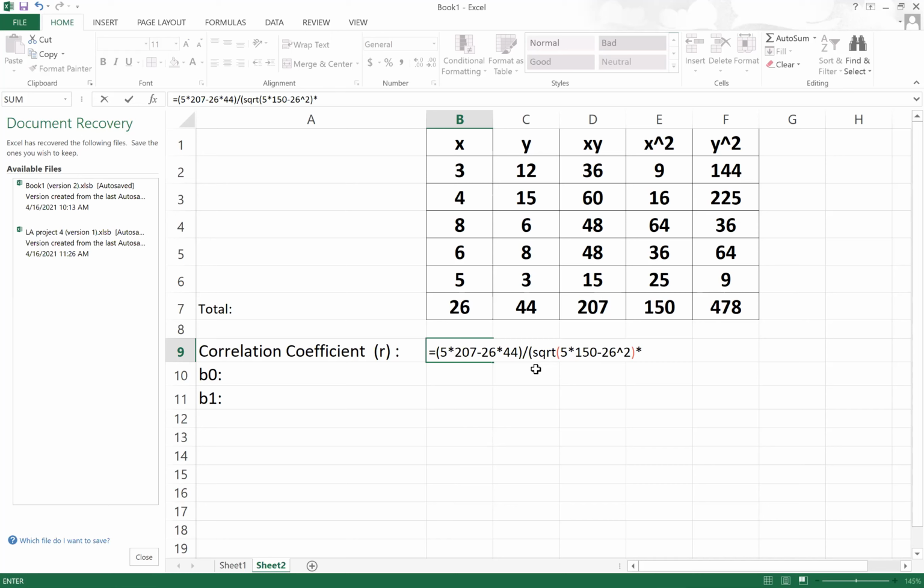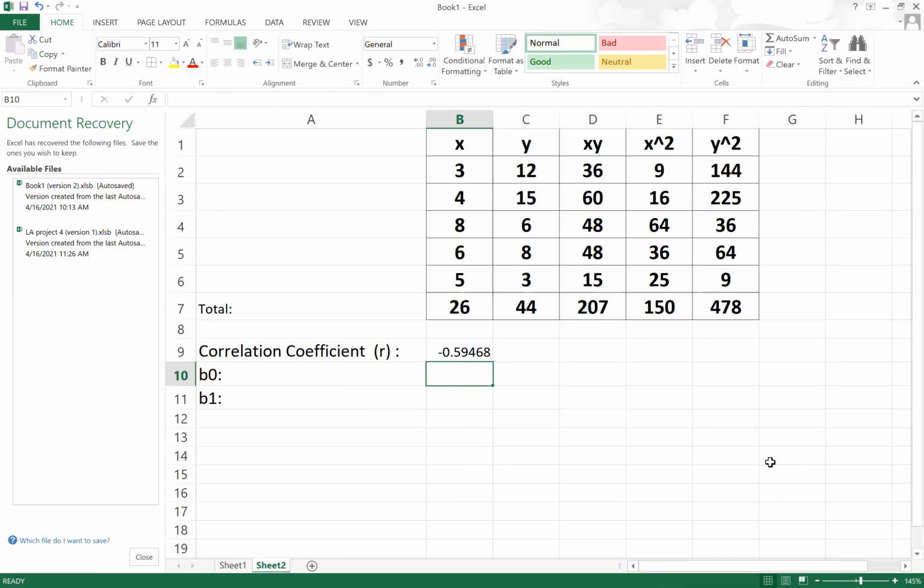Second square root: again, sample size 5 times total of y squared, 478, minus total of y, 44, squared. Close it, close another one. So this is the proper input.